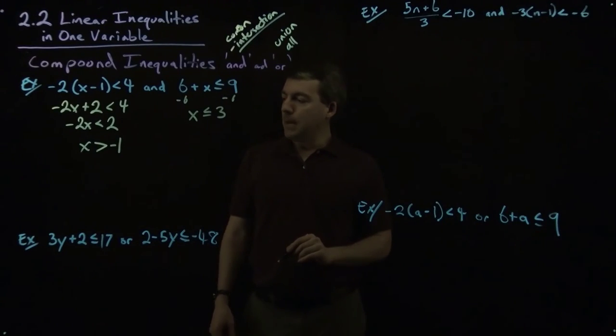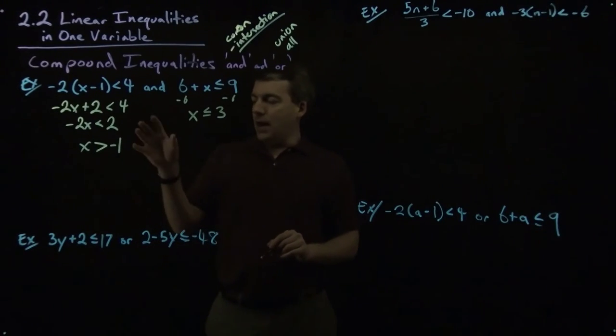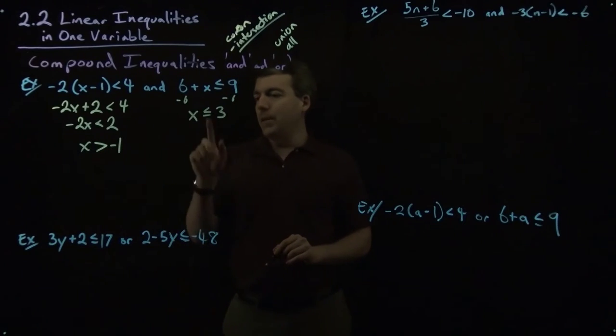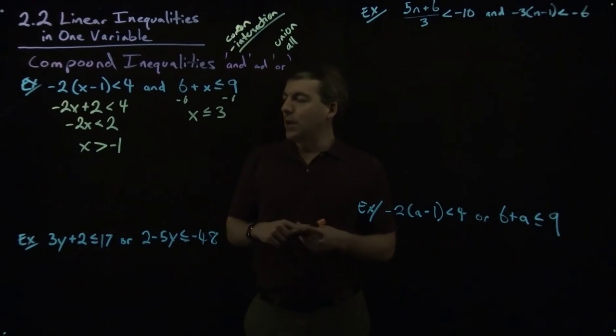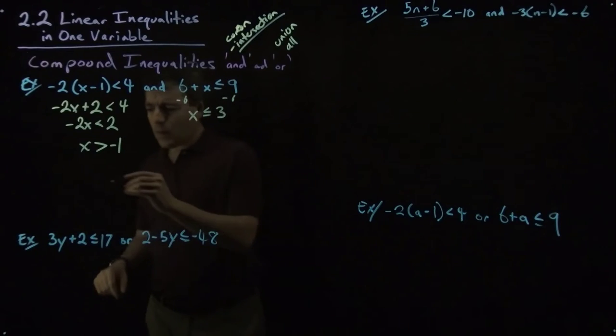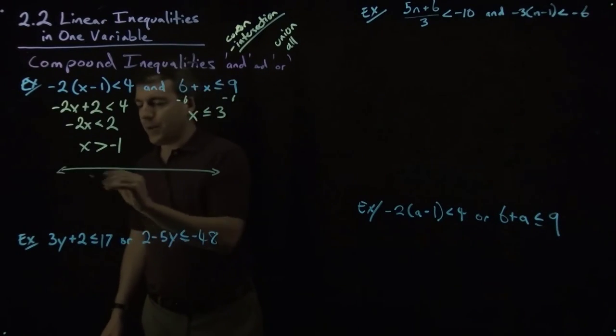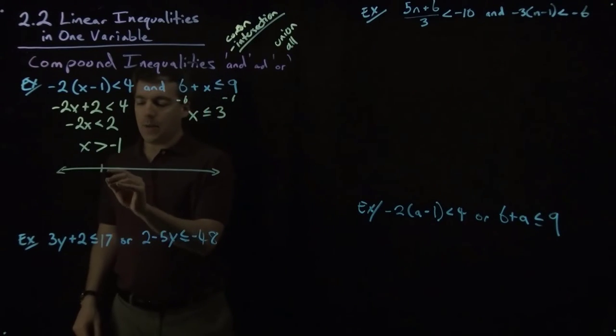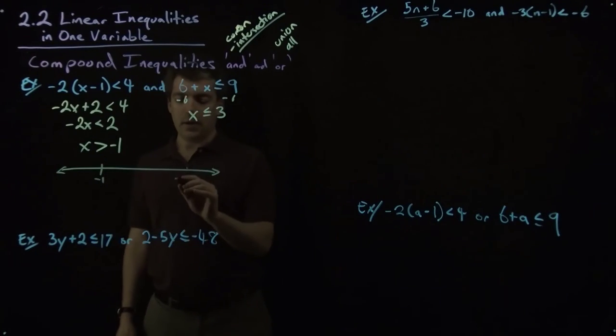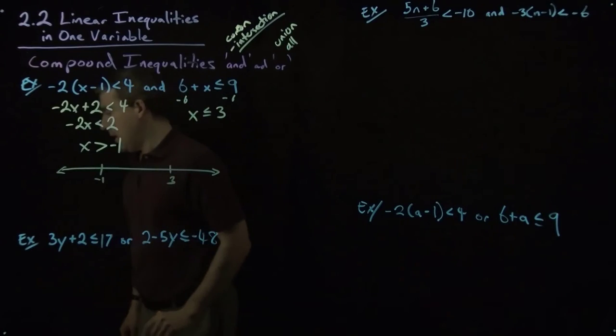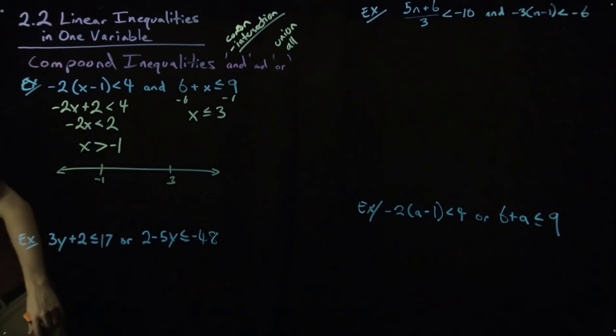All right. So we have that x is greater than negative 1, and x is less than or equal to 3. Let's go ahead and draw the number line solution first. So negative 1 and 3. Let's plot both of those in different colors.